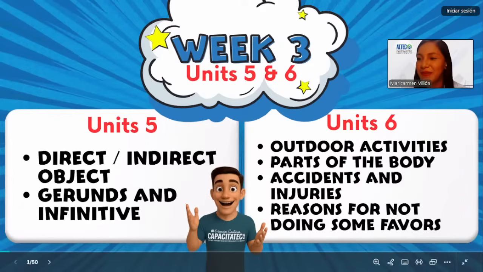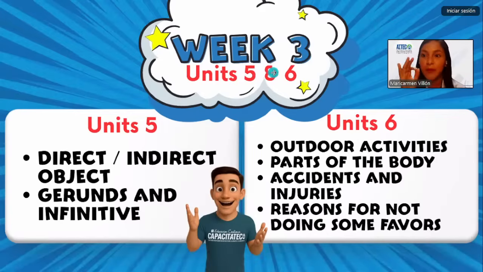So what do we have for today, my students? Today we start week number 3. You can see this class again on Thursday, and this class will be repeated also on Saturday.